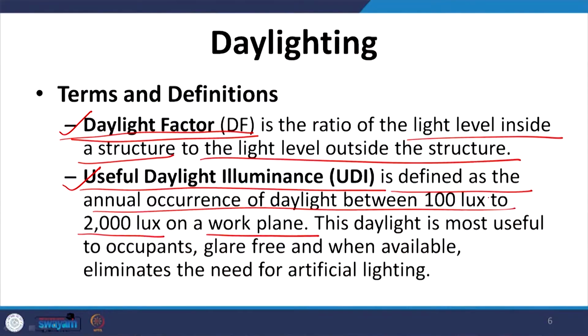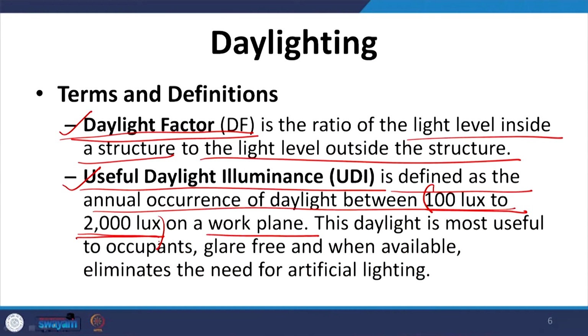So, UDI is the annual occurrence of daylight between 100 lux to 2000 lux, and this range is actually the most useful for the occupants. It is glare free most of the time. Of course, glare depends upon a lot of other parameters as well, but between this range it is mostly glare free light, and it totally eliminates the need for artificial lighting.